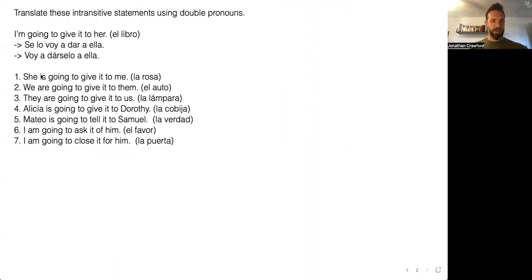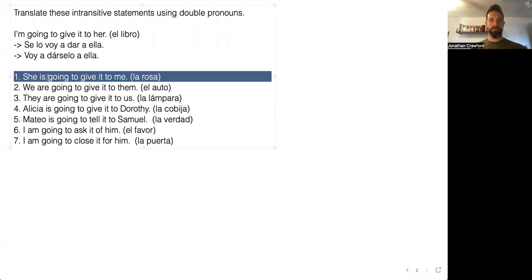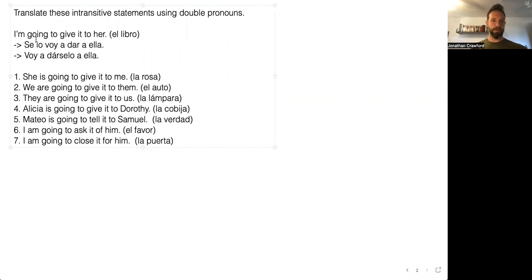So she is going to give it to me. So sometimes it is referring to a specific object. So just like we have in the model here, I'm going to give it to her, and it's el libro. And so the object is the book. It means the book. So se lo.